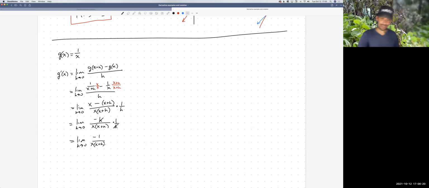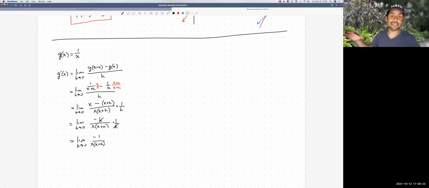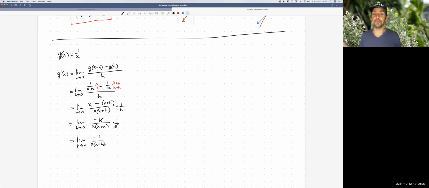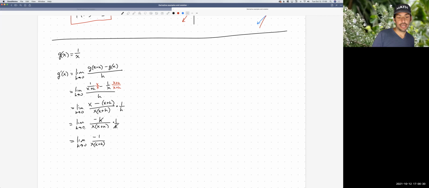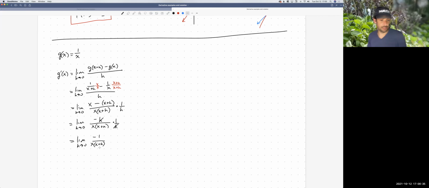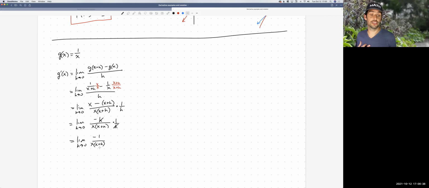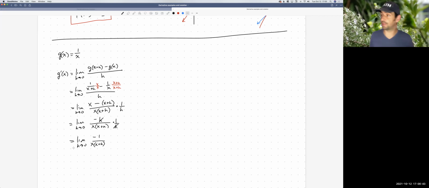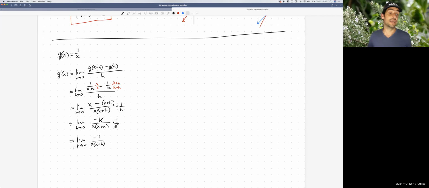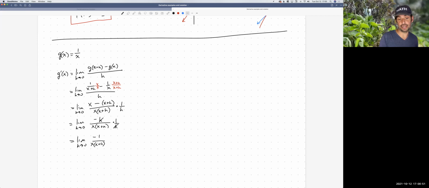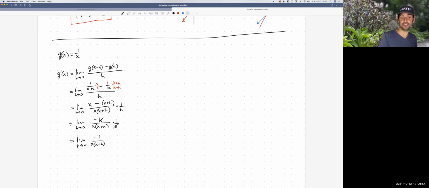Now, this limit cares about h. x is some number. And so we can think of this like a rational function where h is the variable. And we know that for rational functions, to take the limit, we simply plug in the value, and as long as they're defined, everything works out. So let's try that here. If we plug in h equals 0, we get negative 1 over x times x, or negative 1 over x squared.